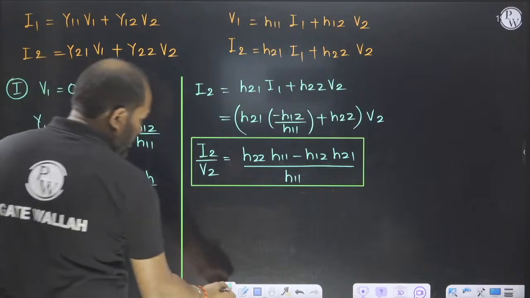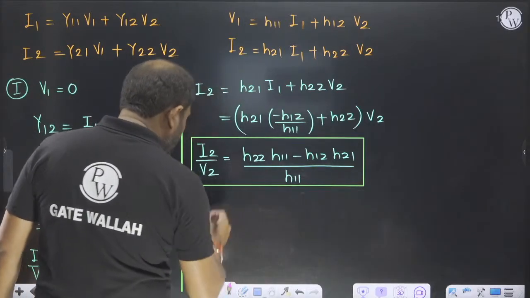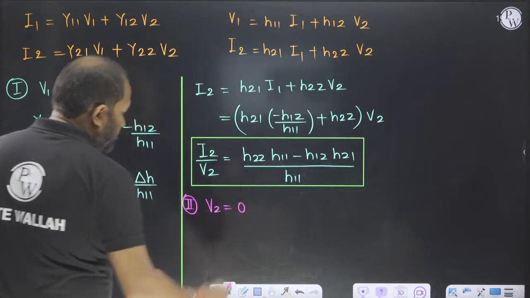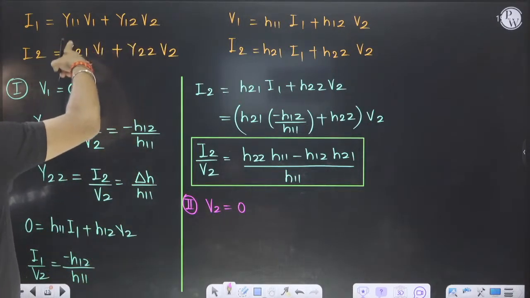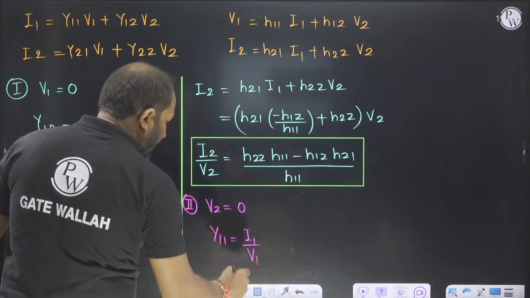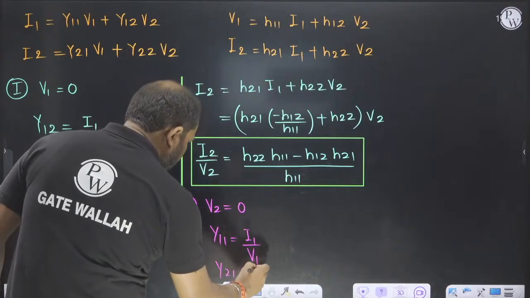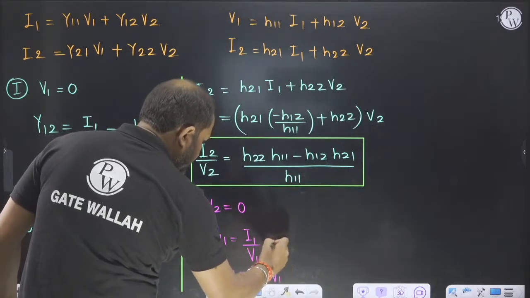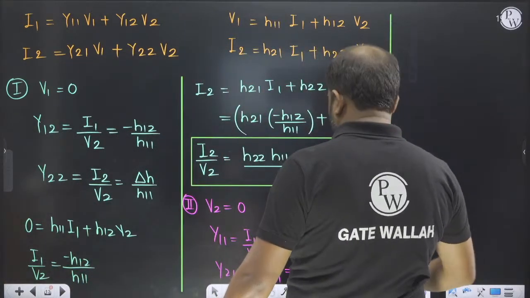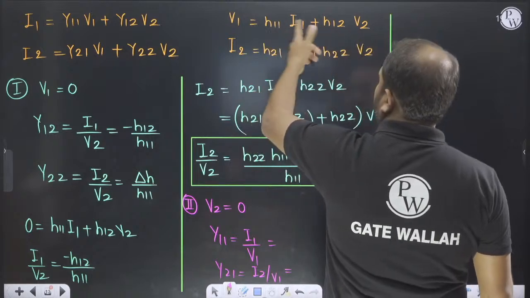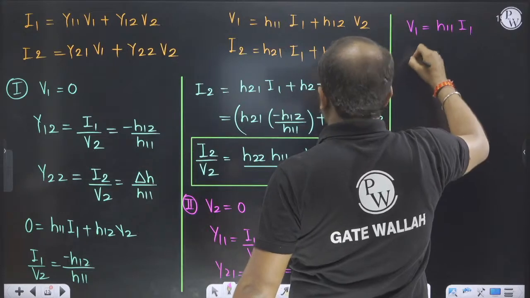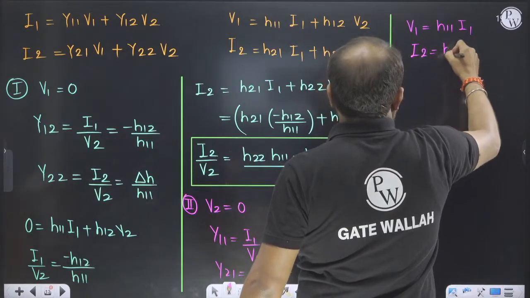Second case, make V2 equal to 0. If V2 is equal to 0, what will happen? Y11 is I1 upon V1 and Y21 is I2 upon V1. Then V1 is equal to H11 I1 and I2 will be equal to H21 I1.